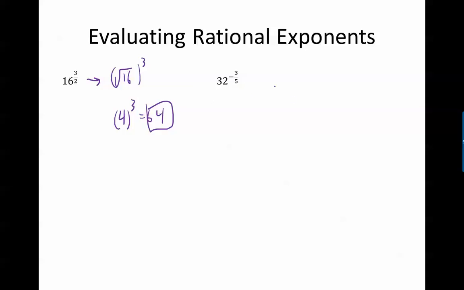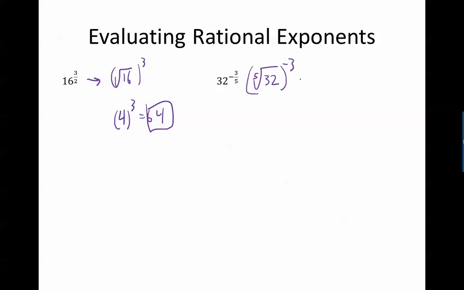What about this one here? It's negative, so I know that I'm going to have to flip it eventually. Let's go ahead and turn it into radical form. Denominator is 5, so this is the fifth root of 32. And then the numerator is 3, and I'm going to put negative 3 there because I haven't flipped it yet.